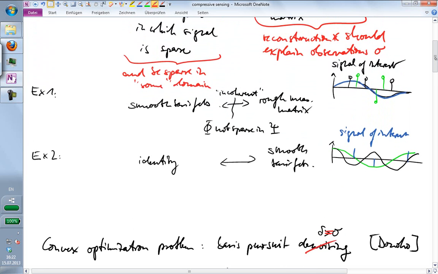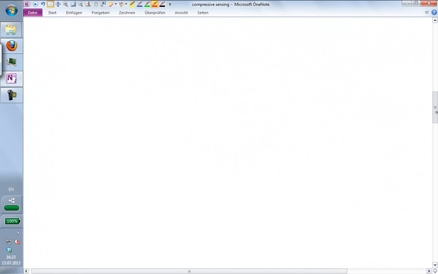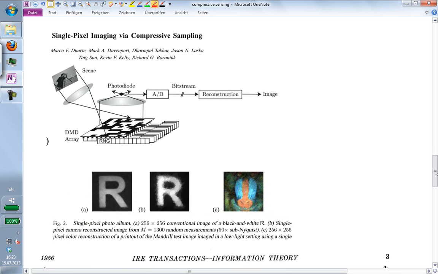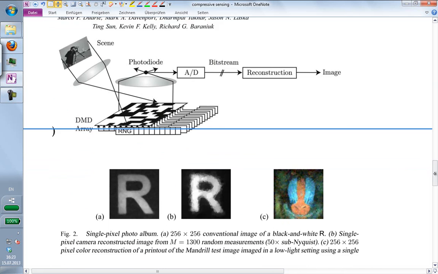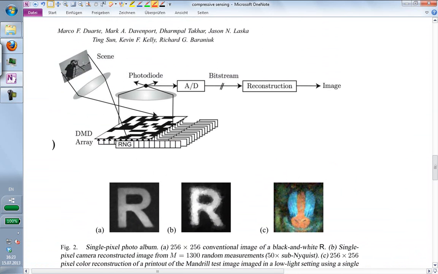I want to give a famous example for where this was used. And this famous example is single pixel imaging. This is from the lab of Baraniuk at Rice University. Above you see a sketch. So there is some continuous image which is mapped onto what is almost a mirror.